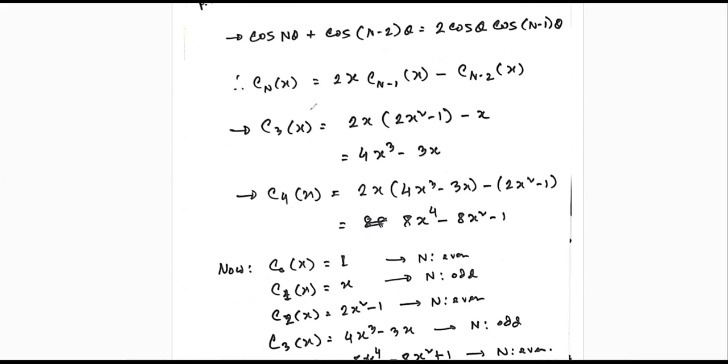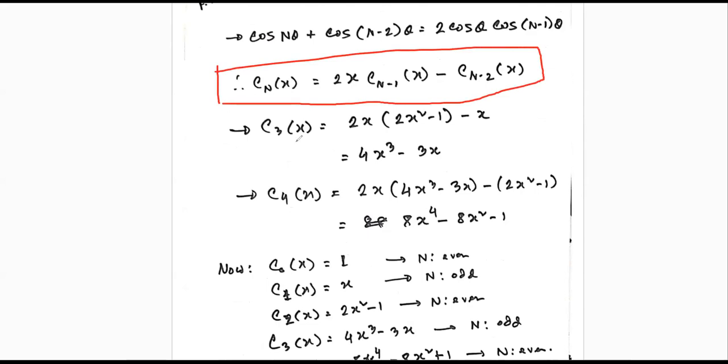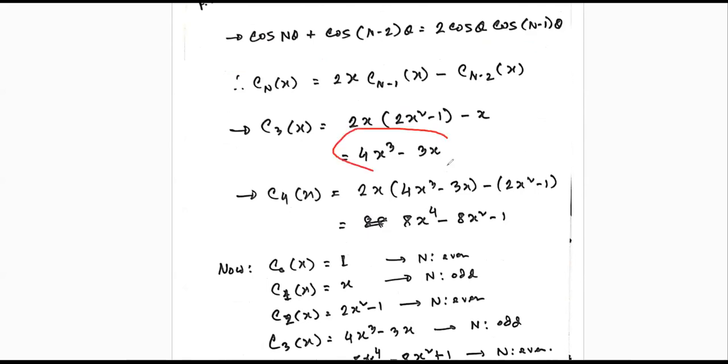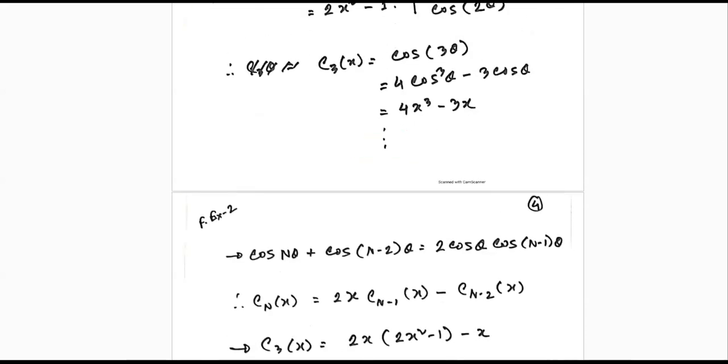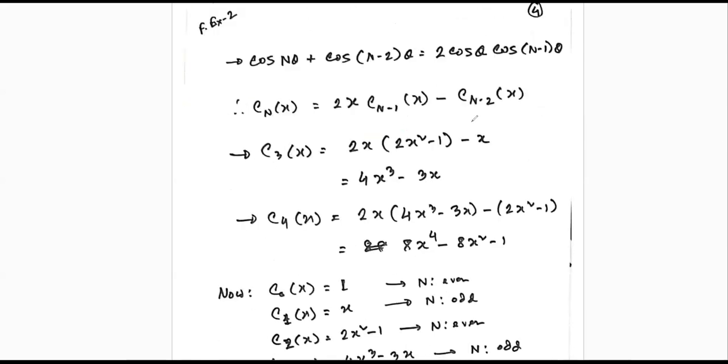Go through it yourself. This is a general equation we found for different orders of the filter. And we check it for n equals to 3. For this general equation, we put n equals to 3, and we found 4x cubed minus 3x, which is already found there, by which we can validate that this equation is a general equation.